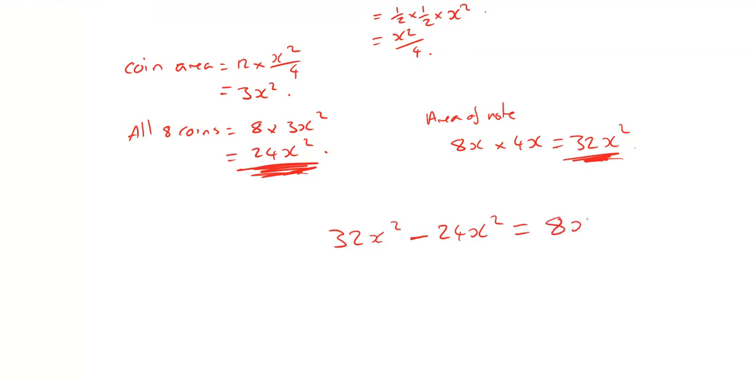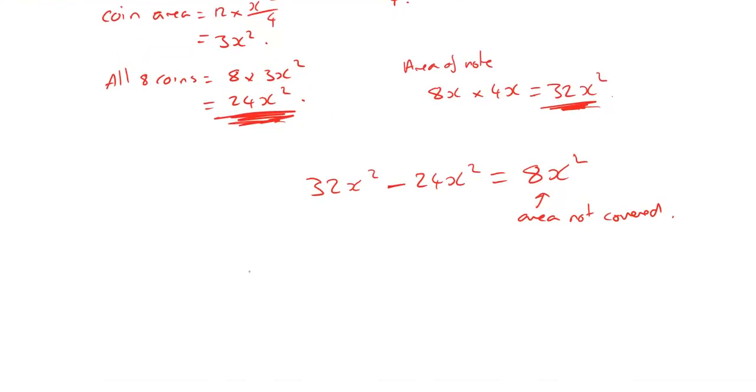That is going to be 8x squared. Okay, let's write that down. Area not covered. So what fraction is not covered is the question. That's going to be our 8x squared, out of the total area, and the total area of the note was 32x squared. So this is going to be the fraction not covered.